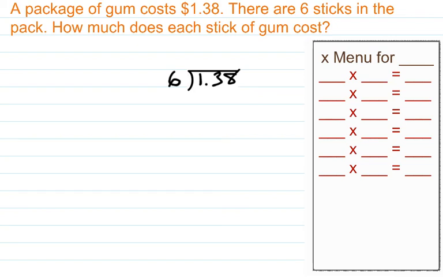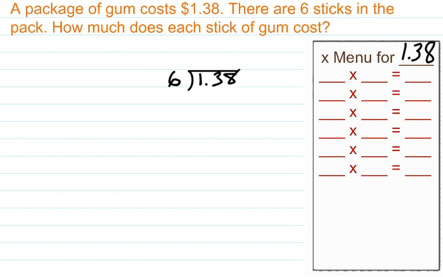When we think of division, it's kind of like repeated subtraction, just like multiplication is repeated addition. So we can use this to see how much it would cost for 1 stick, 2 sticks, 3 sticks, etc. So this is our multiplication menu for 1 38/100, or $1.38.